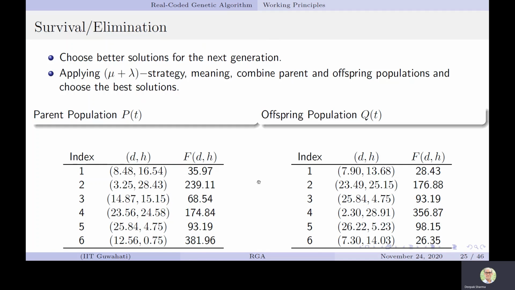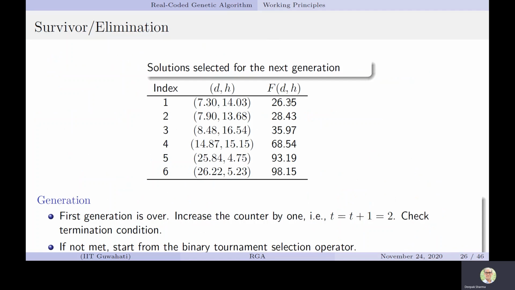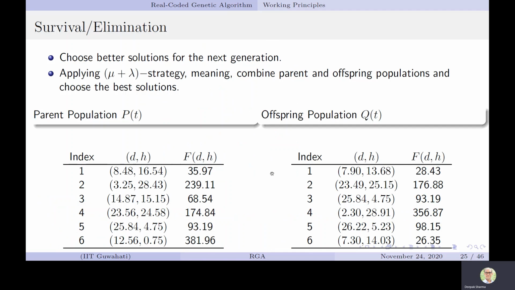So one by one, I'm going to copy 6 solutions and you can see the solutions selected for the next generation. So we are giving an index like 1, 2, 3, 4, 5, 6. Look at the fitness: 26, 28, 35, 68, 93, 98. So this fitness is already arranged in ascending order. So in the previous step, we combined 6 plus 6, 12.